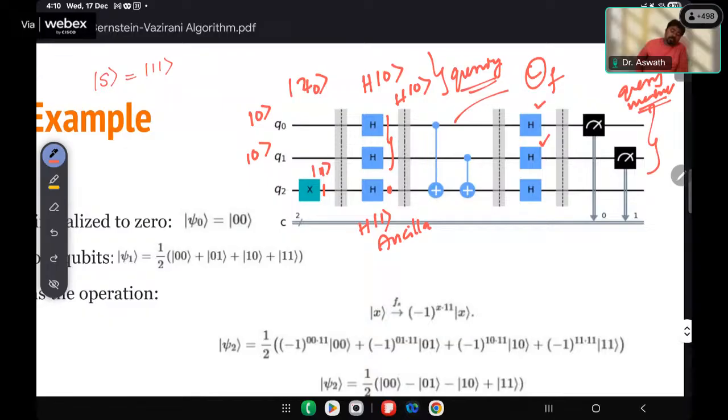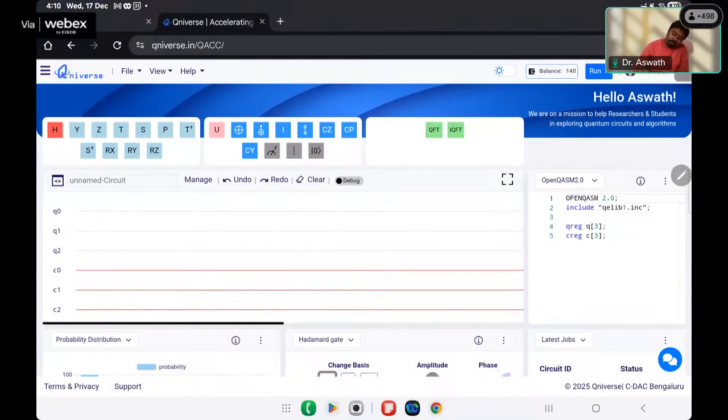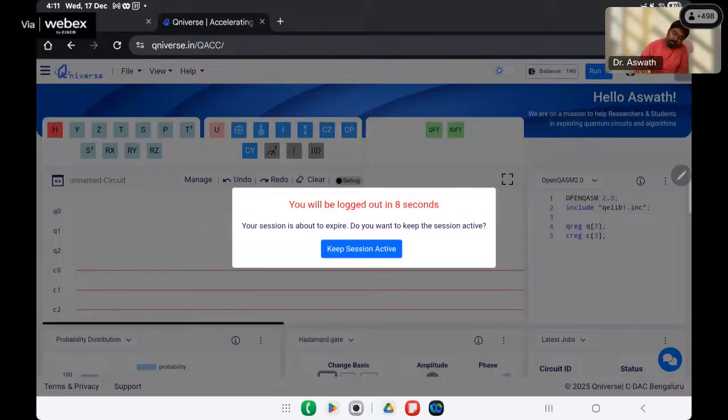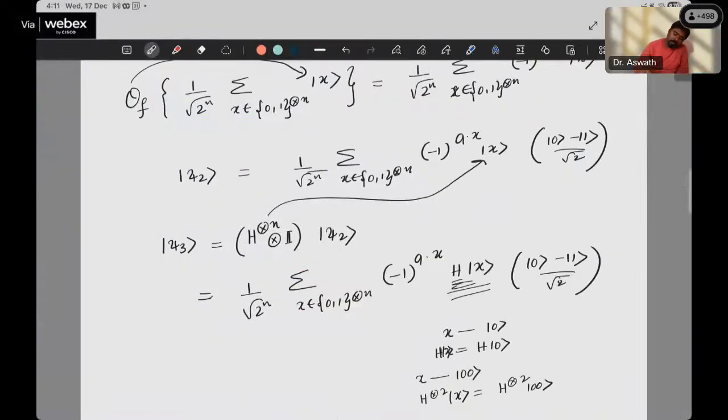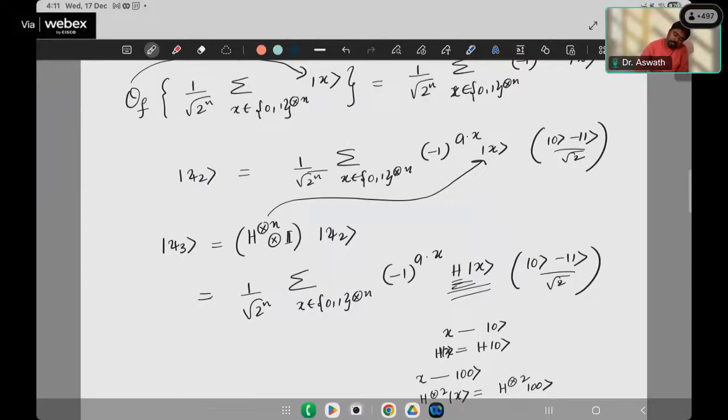So how do I know? Based on what kind of oracle function I have used. What kind of oracle function are we using?